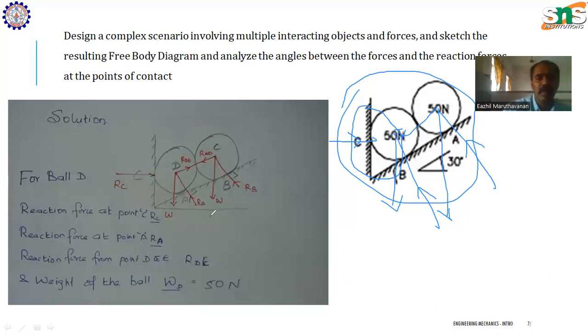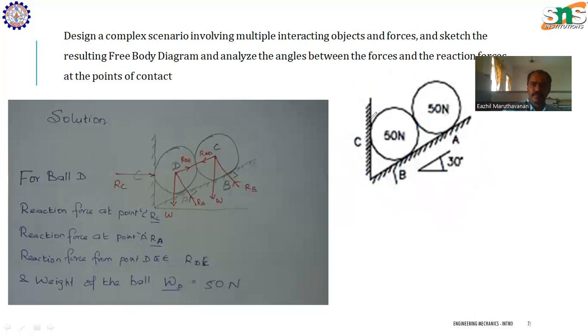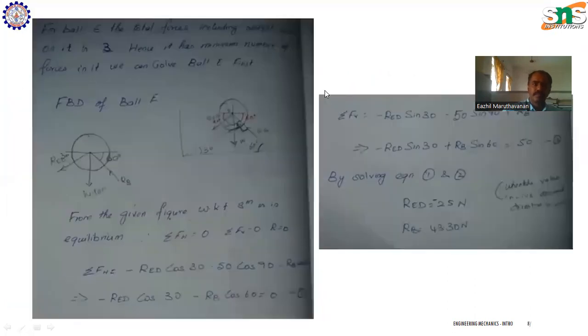So while solving the problem, first we have to consider ball C. We have drawn the reaction force over here. It is given that the angle is 30 degrees over here.